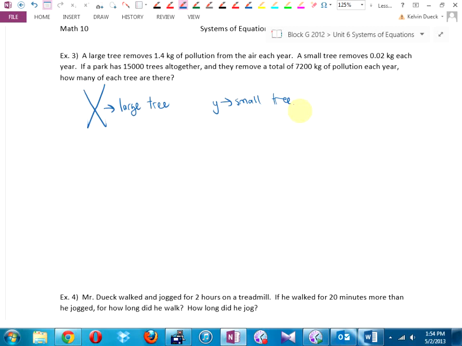Add, right? If I say, how many do you have altogether, what I'm really saying is add them all up. So I think one equation is x plus y. Altogether, we have 15,000 trees. That's equation number 1.